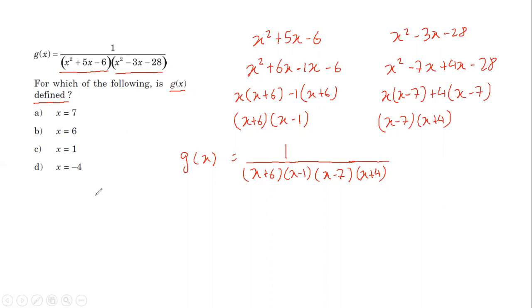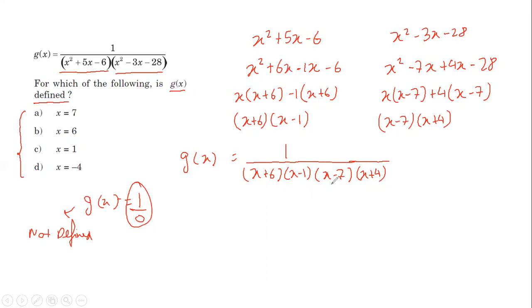Remember guys, if the denominator is 0, the function will not be defined. The denominator can't be 0. So if I want the function to be defined, I don't want the denominator to be 0. I look at the options and check which option will not give me the denominator as 0.